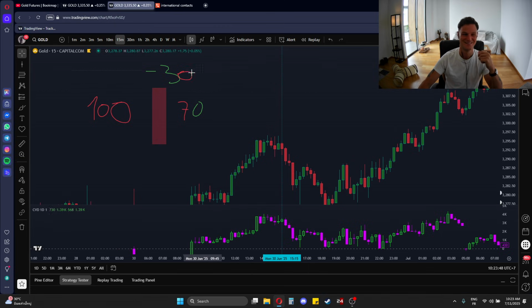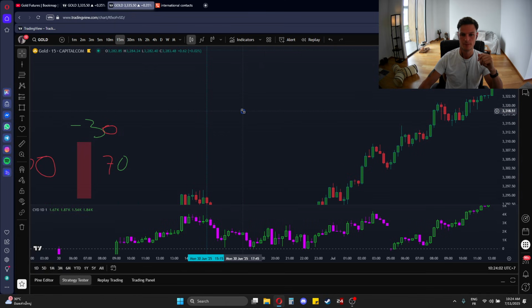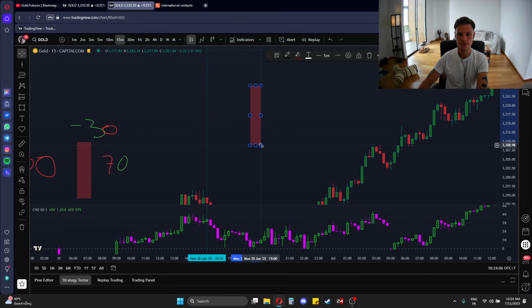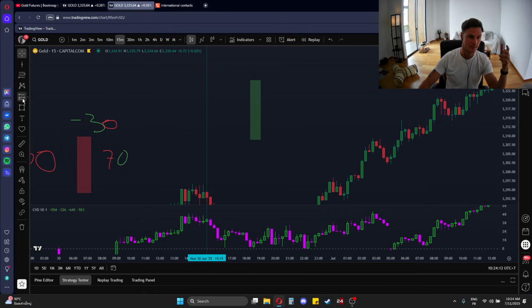All right, you get it, right? There were 100 sellers, 70 buyers, so the difference is minus 30. More sellers, minus 30. Now, let's try the opposite. In a bullish situation, you would have a bullish green candle. In this case, let's take some different numbers, but the same idea.